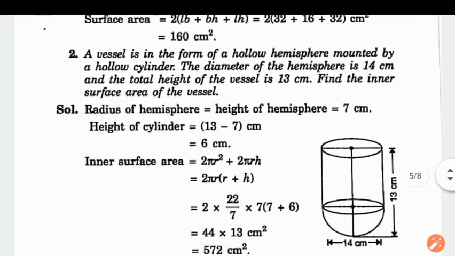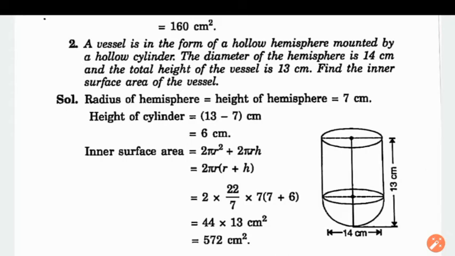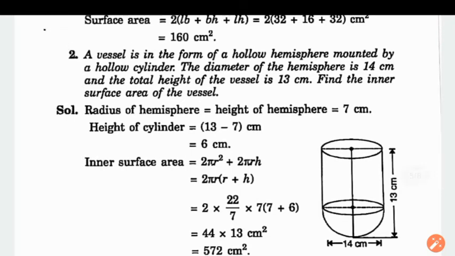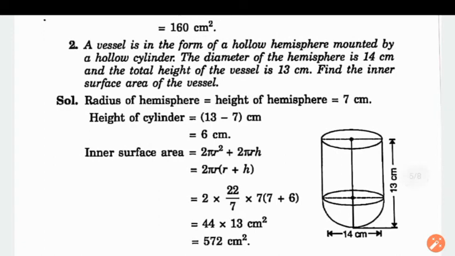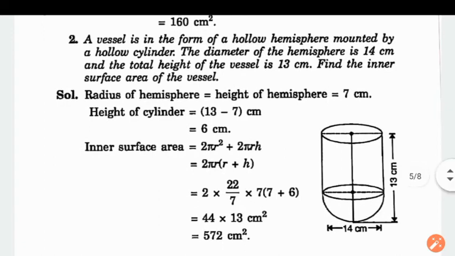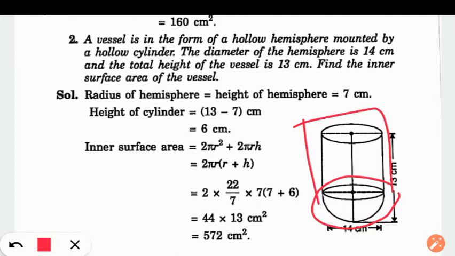Number 2. A vessel is in the form of a hollow hemisphere mounted by a hollow cylinder. So you can see in this figure we have the hemisphere, this one, and it is mounted by a hollow cylinder.